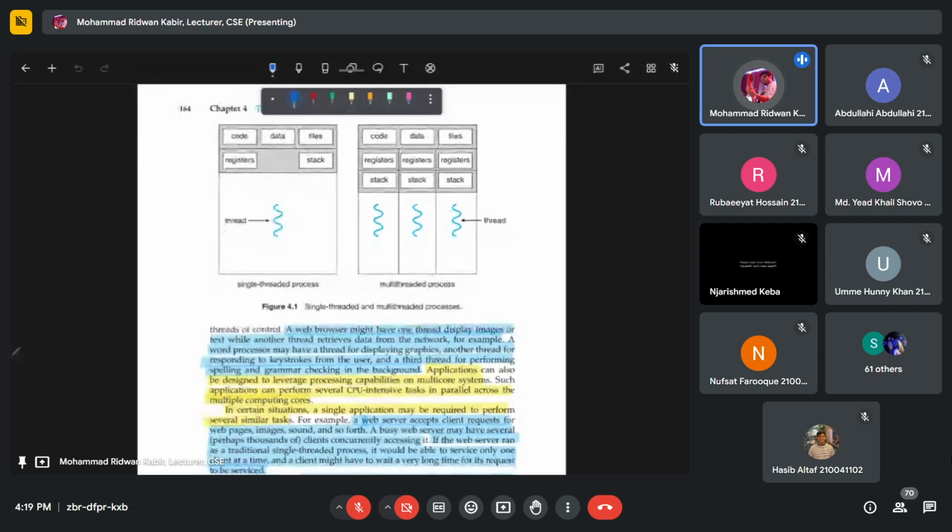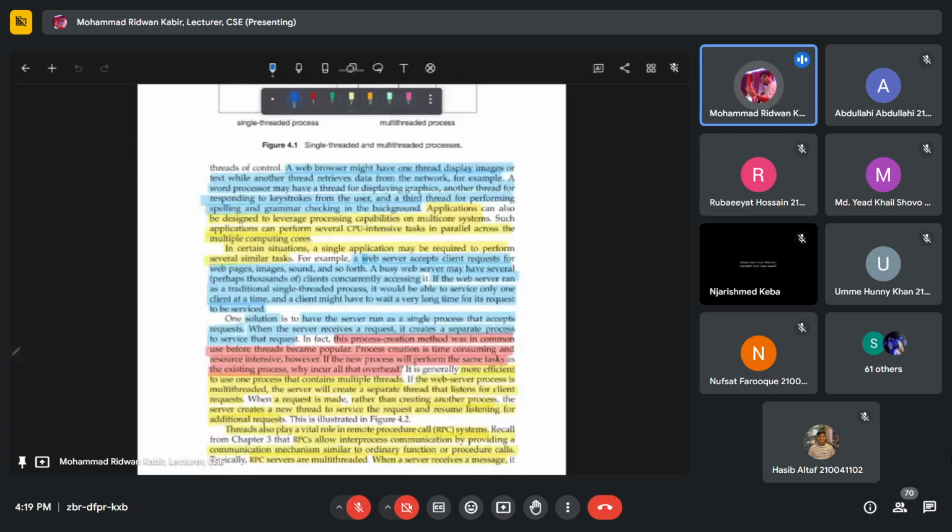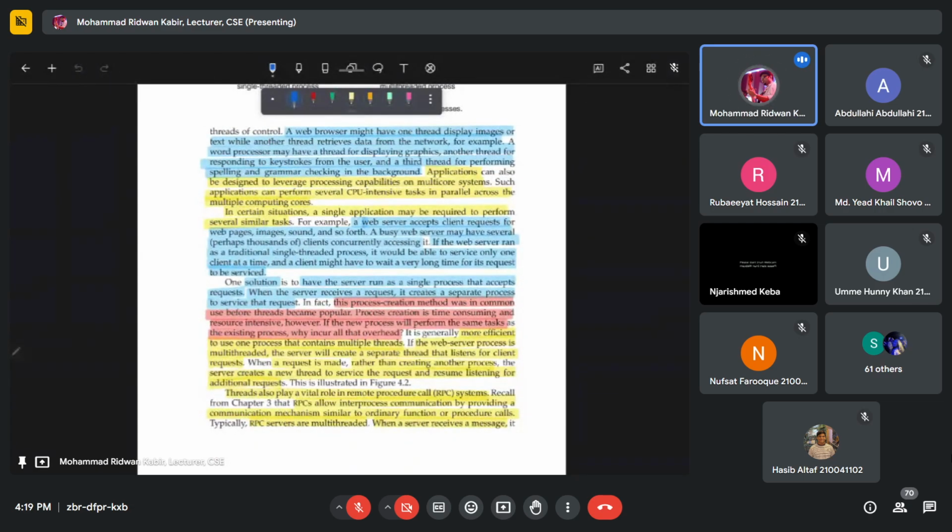Also, it ensures the concept of concurrency and parallelism at the same time, which we have already discussed in the previous classes. Okay.